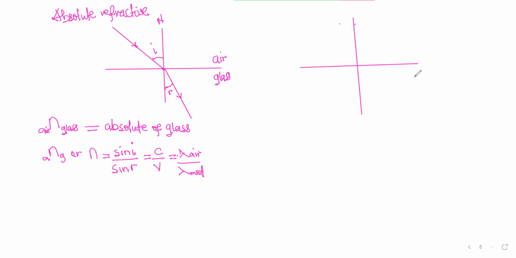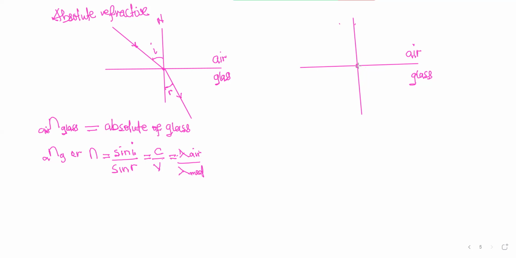So this is glass, and this is air. Now, from the principle of reversibility, if I, angle of incidence, is giving us R, angle of refraction, when I change the path, then R, angle of incidence, must actually give me I, angle of refraction, as well.